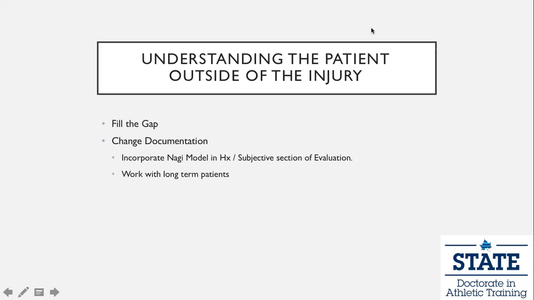So again, I'd change how I document, incorporating this model in my history, my subjective section of the evaluation, and I should focus on using this more with long-term patients that may have injuries that I know I'll be spending more time with in rehab, reevaluations, things like that. So this would be a good way to start small with a couple patients that I'll be working with for a little bit.